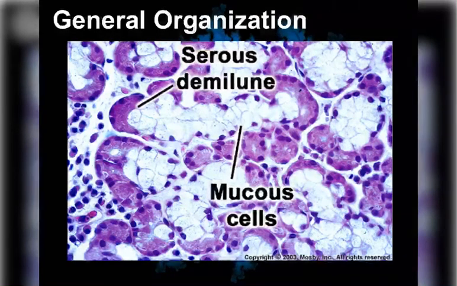So it's not easy to find. I don't mean there is none, but it's harder to find purely mucus tubules in a mixed salivary gland in histological sections.